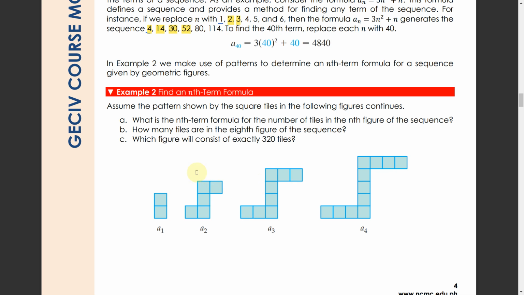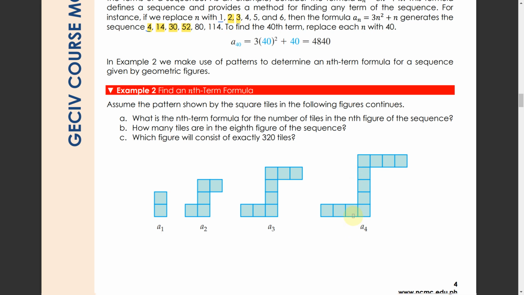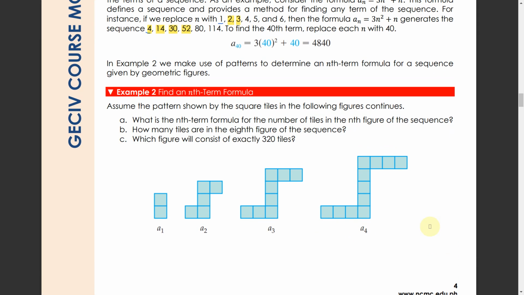Assume the pattern shown by the square tiles in the following figures continues. We have to predict what will be the next form of the figure and how many tiles it has.